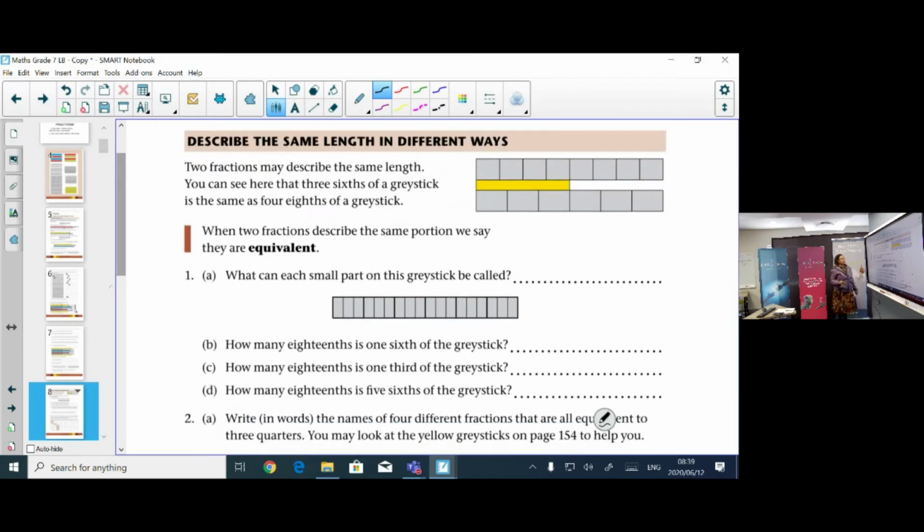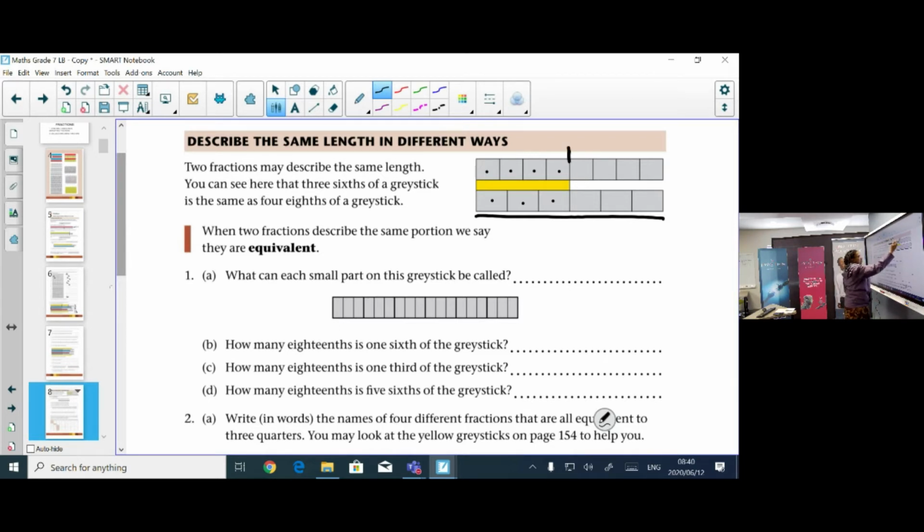The next one: describe the same length in different ways. Two fractions may describe the same length. We can see that 3/6 of the gray is the same as 4/8 of the gray. So 1, 2, 3 of the 6 is the same as 1, 2, 3, 4 of the 8.